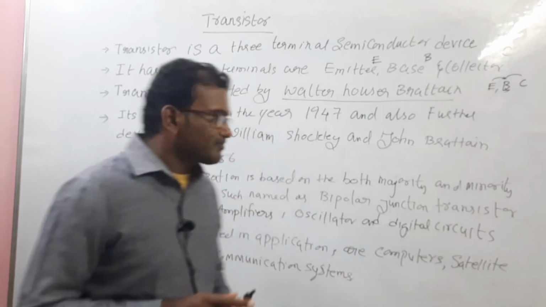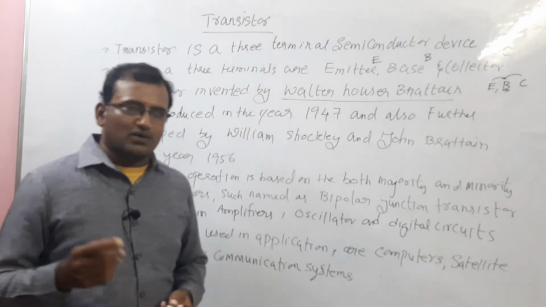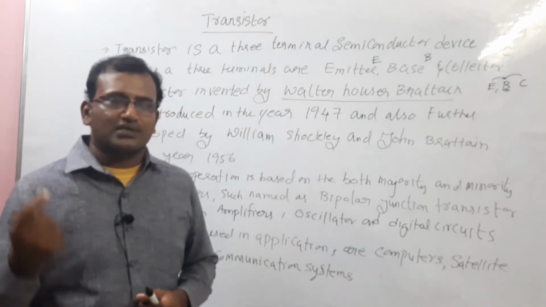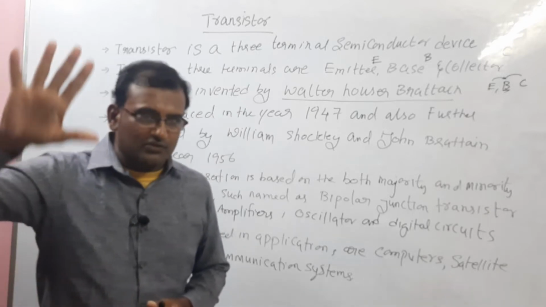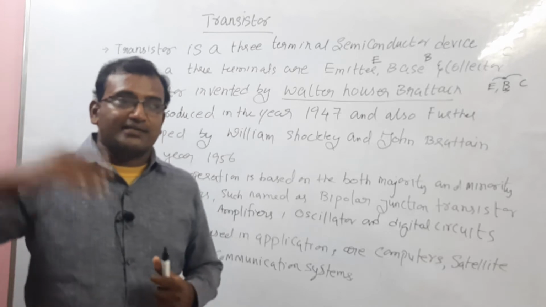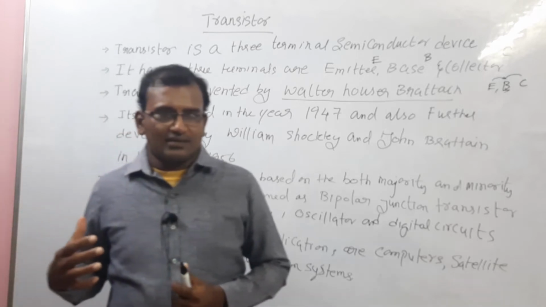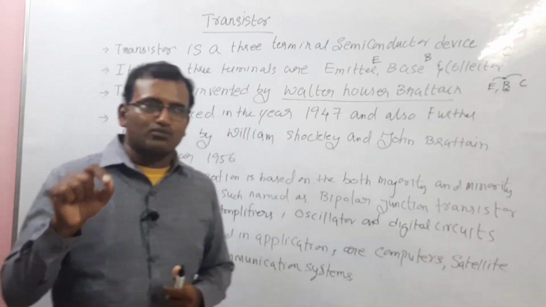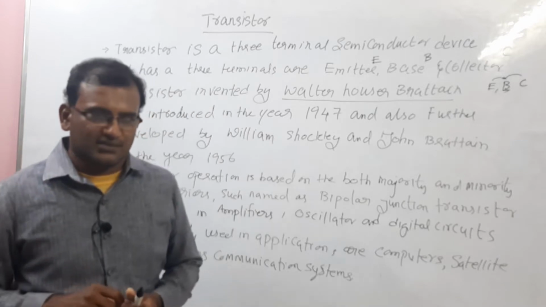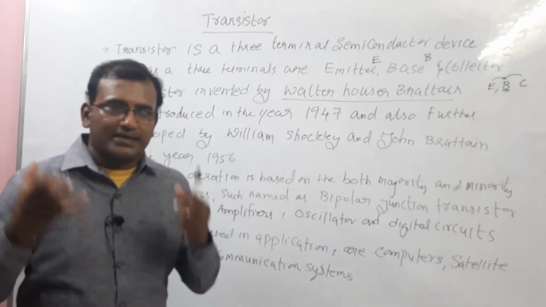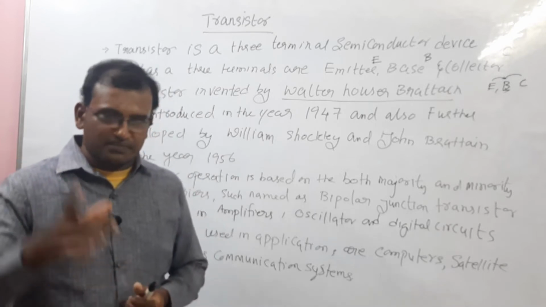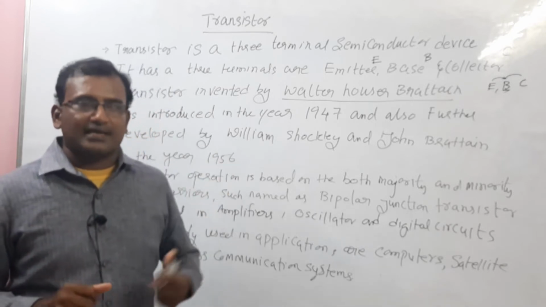And finally, it works at room temperature, which is 27 degrees Celsius. In the case of the vacuum tube, there is the problem of withstanding temperature, but here the temperature is minimum, room temperature 27 degrees Celsius. And the most important thing is that the transistor gives a longer life. That is a major advantage of the transistor.